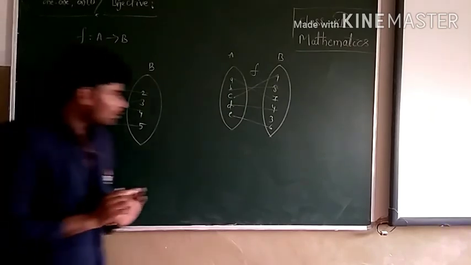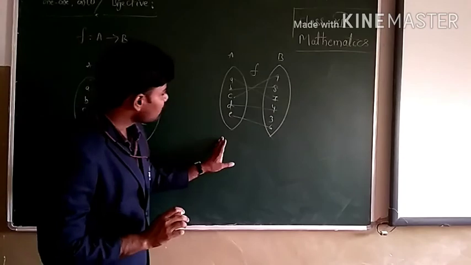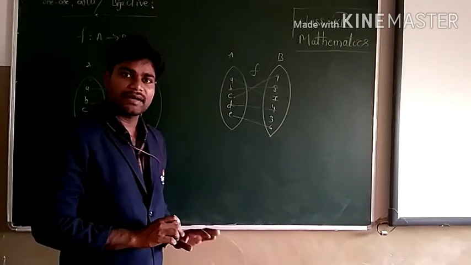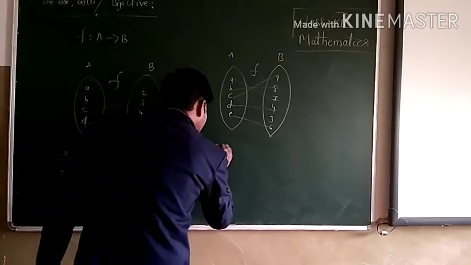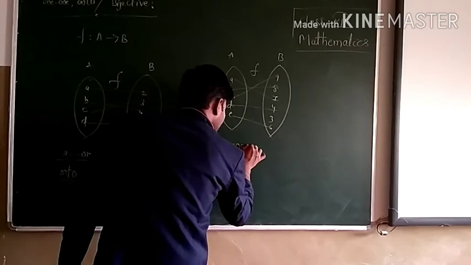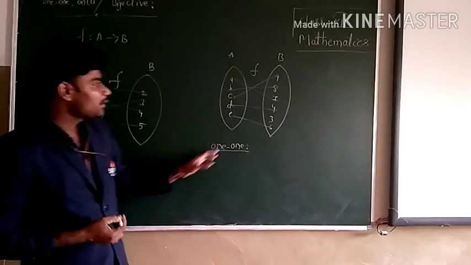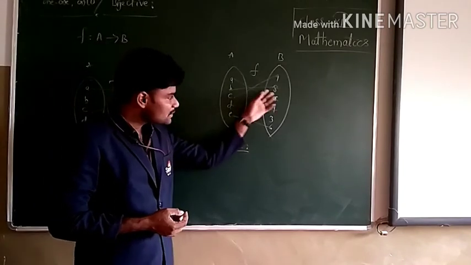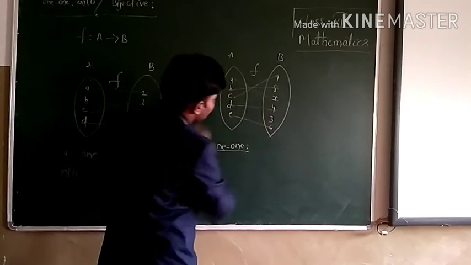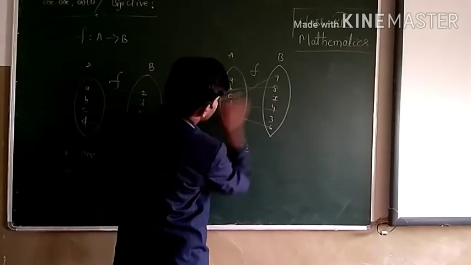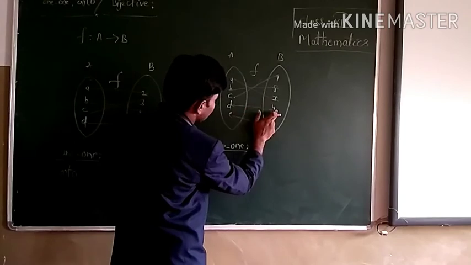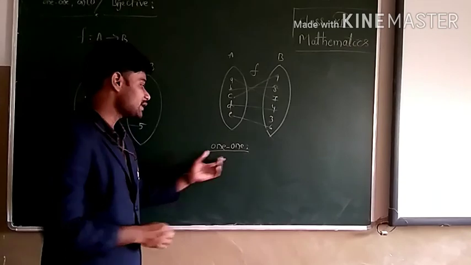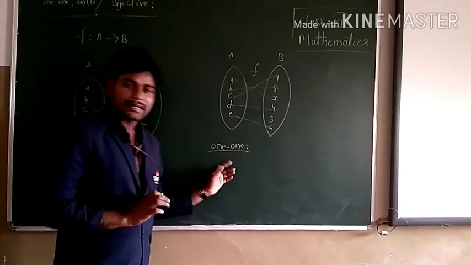If it is a bijective function, it should satisfy the one-one function and onto function. First is the one-one condition: no two elements of set A have the same image. So a has image 7, b has image 8, c has image 9, d is 4, e is 6. So no two elements in set A have the same image, so the one-one condition is satisfied.